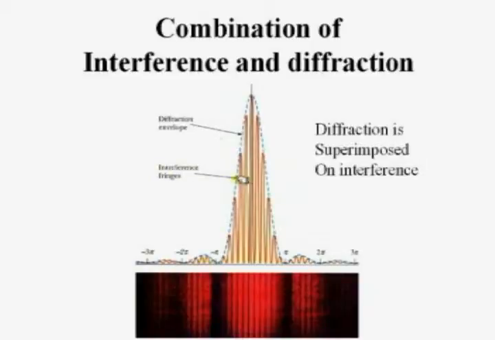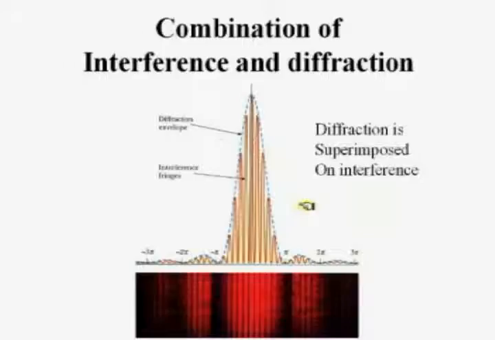You can also see that each one of these orders also has these interference fringes. You can easily see the envelope that covers all these interference patterns. This is the diffraction pattern, wherein the central intensity is very, very intense, and as we go on either side, this is called the first order, this is called the second order, the intensity goes down.